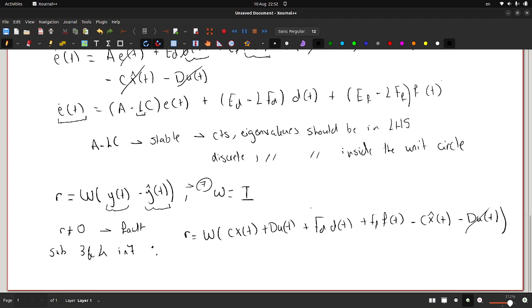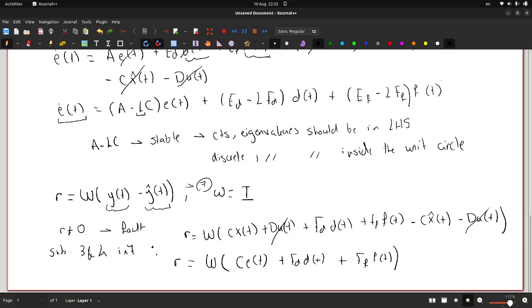Now this can go with that, and the residual signal equals w times c e of t plus fd times d of t plus ff f of t, since x minus x hat is the error. And that's the dynamics of the residual signal.